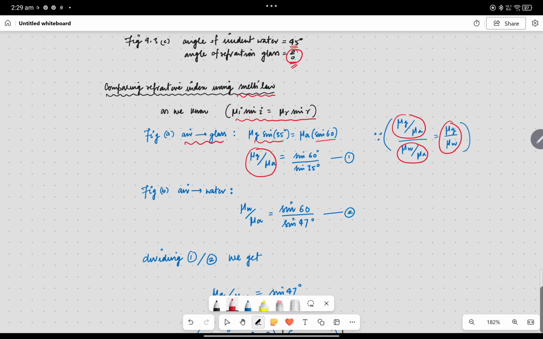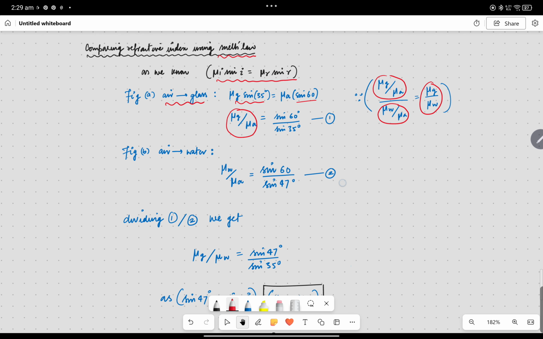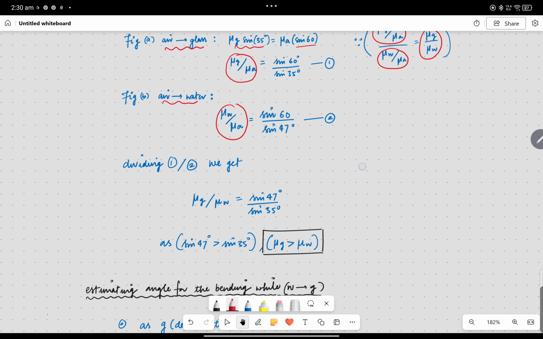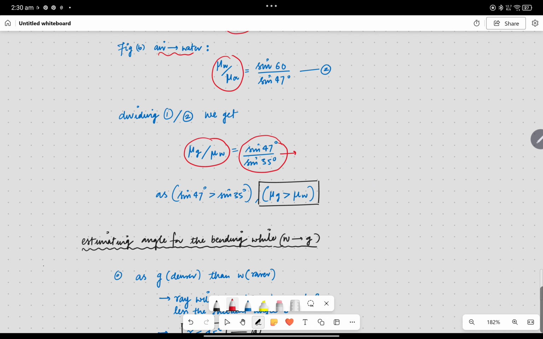That is what you have to keep in mind. Then for the air and water system, mu water by mu air is sin 60 by sin 47, and after dividing this you will get mu g by mu water, sin 47 by sin 35. And that is the thing from which we are going to deduce the data that I need, right?